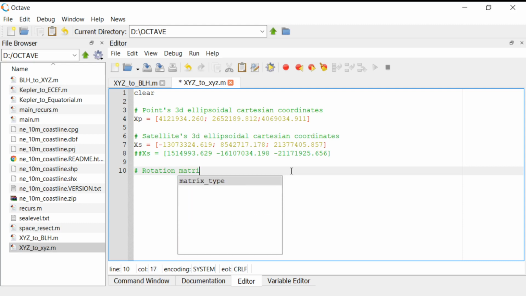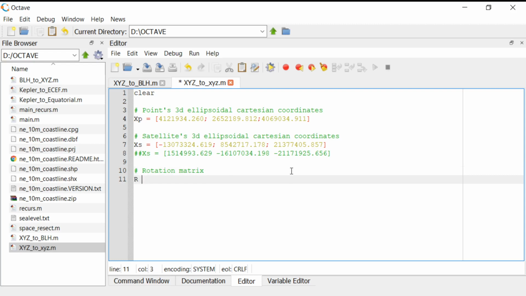As you can see, the rotation matrix is a function of the latitude and longitude of a point. Now the rotation matrix first row will be minus sine of dB times cosine dL.